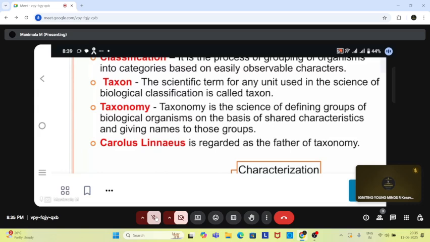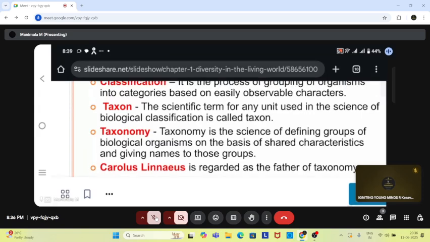So the convenient category we use to study organisms, some as plants, some as animals, we are recognizing them. This indicates the taxon. Got it now? What is taxon? Yes, ma'am. The scientific term for these categories is called taxon.